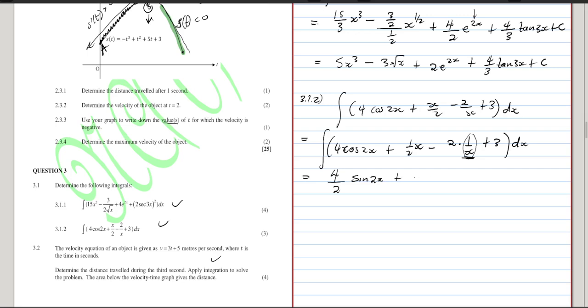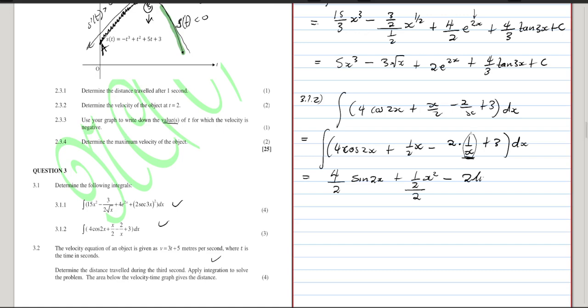Integral of this, it's going to be 1 over 2. 1 plus 1, that's 2. So it's x raised to exponent 2 divided by 2, minus integral of 2 1 over x.